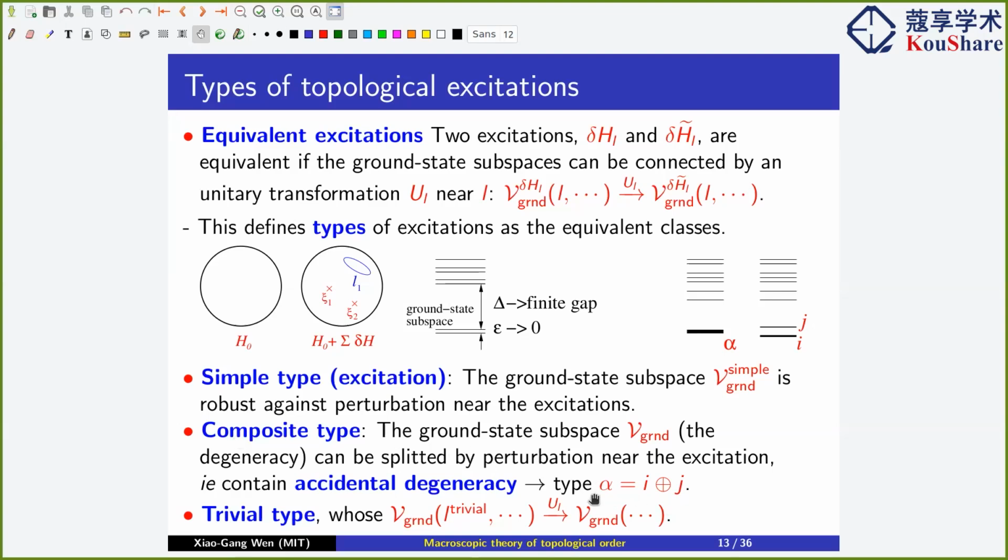The composite is written this way: if alpha is composite, it's like a direct sum of two excitations, I and J. This thing confused me a lot, because when you have a spin 0 and a spin 1 excitation, one may say, oh, we will think of a tensor, a spin 0 bound state with spin 1. But here it's not a tensor, it's not a bound state of spin 0 and spin 1.